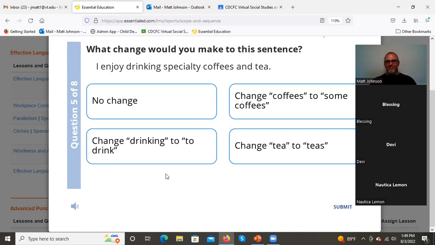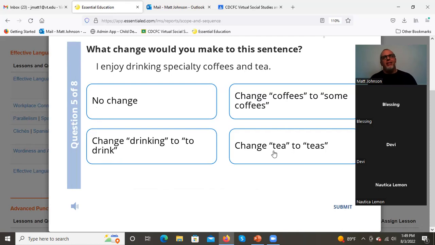Here's one of those, a little subjective, right? Because we talked about the use of plurals. If you're using plurals, make them all plural. So "I enjoy drinking specialty coffees and tea." We want to change tea to teas to make it plural.